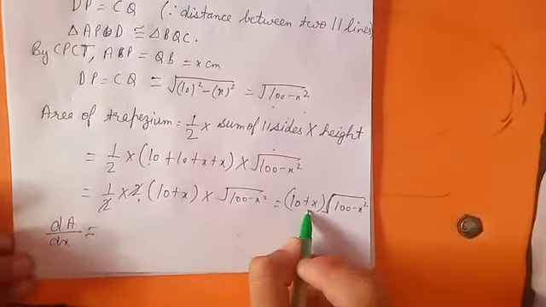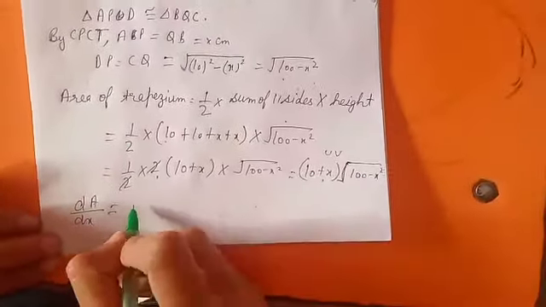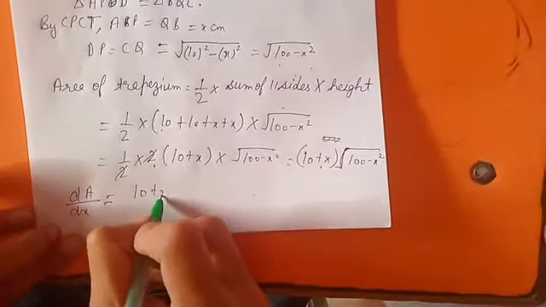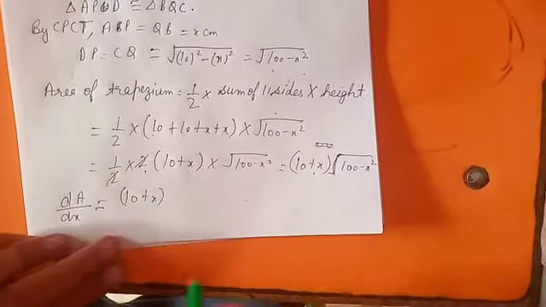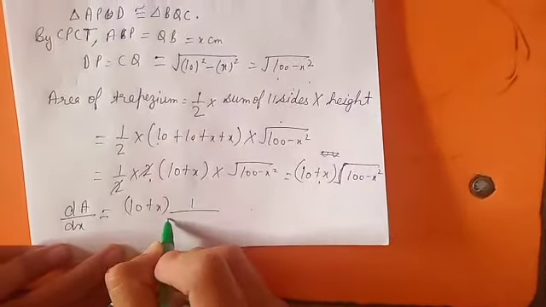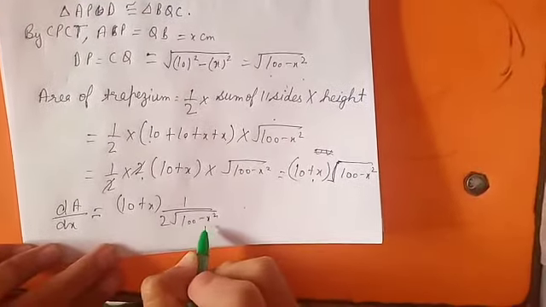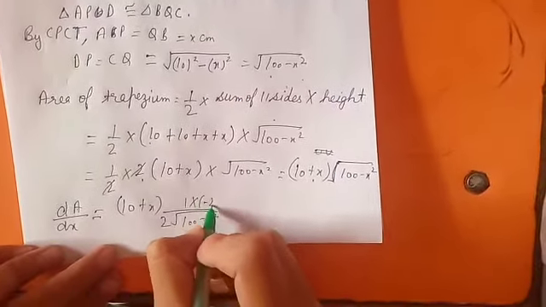That will be, you know, the product rule. First term as it is, first term is 10 plus x as it is. Differentiation of second will be 1 by 2 under the root 100 minus x square, and then of 100 minus x square, that will be into minus 2x.